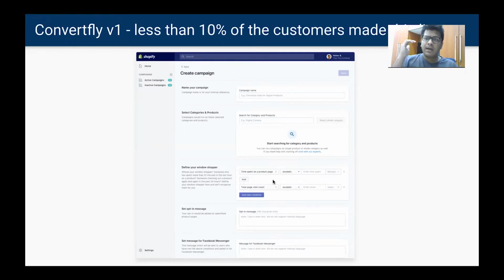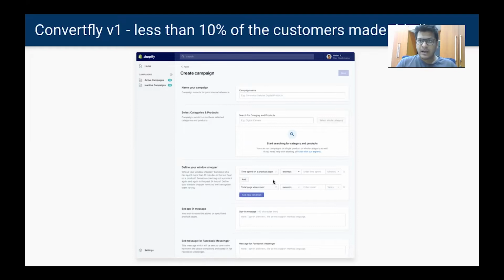These are people who are donning a lot of hats, and maybe marketing is not one of their strong points. They're looking for products that actually simplify the process of implementing complex marketing campaigns for them. They do not want to hire an agency and spend dollars there, or they do not have the expertise to create very customized experiences on their stores.